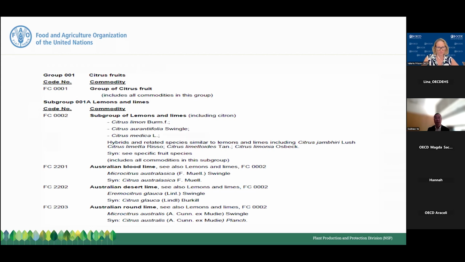We use the code number together with the scientific name to identify the specific crop we are dealing with when we make the recommendation for MRL for this crop.